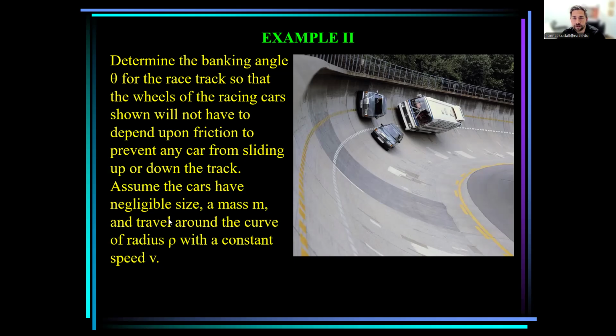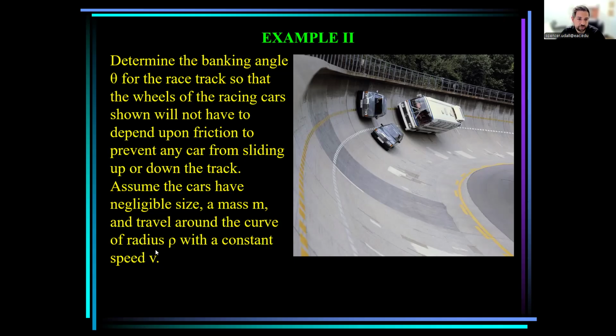We'll see by the time we do the sum of the forces equals mass times acceleration, it'll actually not matter what the mass is. We can just use it for all masses, which is nice because we don't want our road to be safe for this size car but not that size of car.